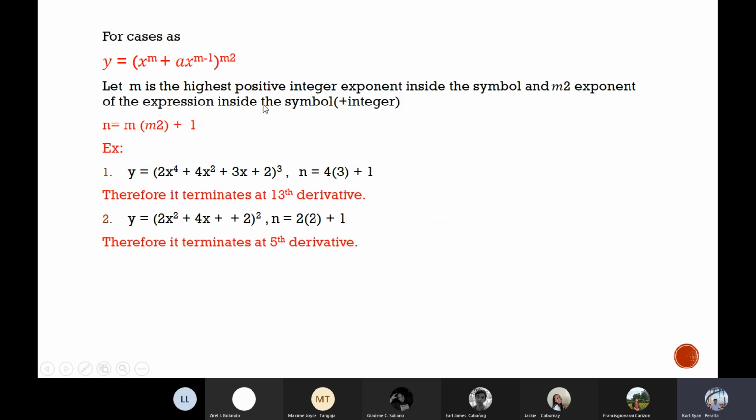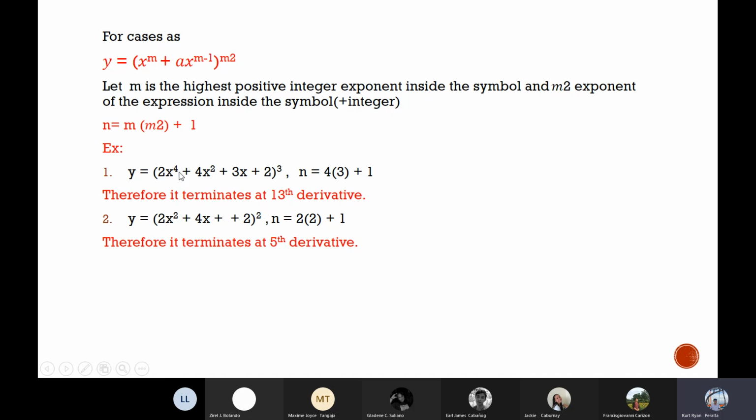Ang formula if ingani ang structure sa function kay we have to get the highest exponent, which is m, then multiplied by the exponent katong pilay gi-raise niya sa kaning na-enclose sa parenthesis. Multiply then add 1.